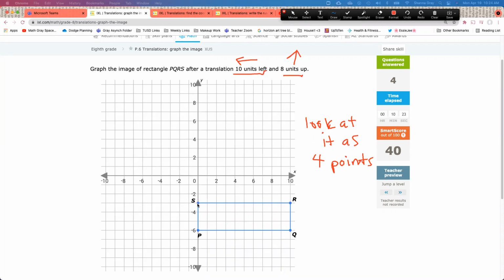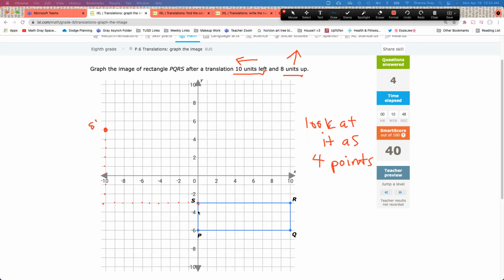So if I look at S, I can go over 1, 2, 3, 4, 5, 6, 7, 8, 9, 10, and then up 1, 2, 3, 4, 5, 6, 7, 8. So this is S prime. Then I can kind of pay attention to points this way, right? I can move it the same direction over 10 and then up 8.